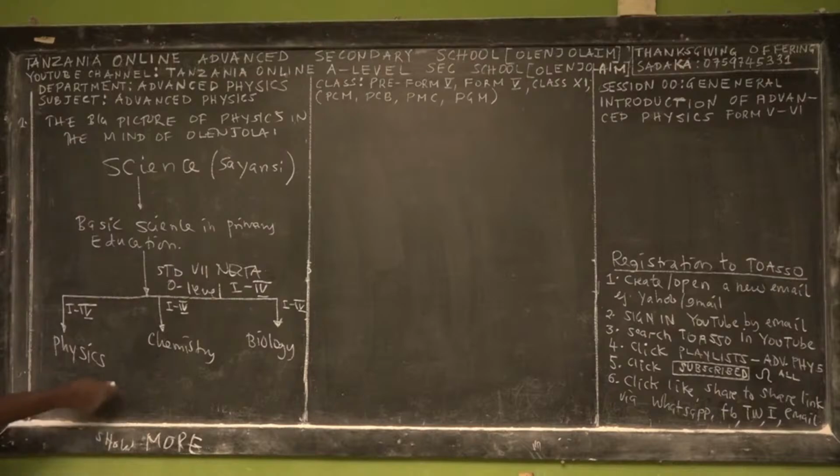And then afterward, we did an examination called the Certificate Secondary Education Examination. So if we take the route of physics, it means that we can go here. When we pass, the exam is called the certificate in Tanzania, Certificate Secondary Education Examination.